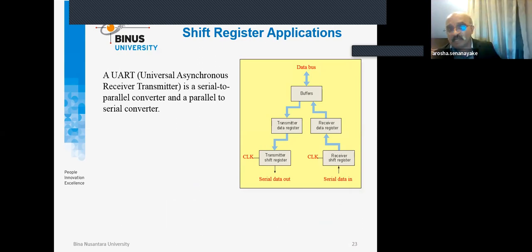Another important application I mentioned right at the beginning is the universal asynchronous receiver transmitter. In a UART, data propagates serially, 1 bit at a time. Very important. The UART has 8 bits.